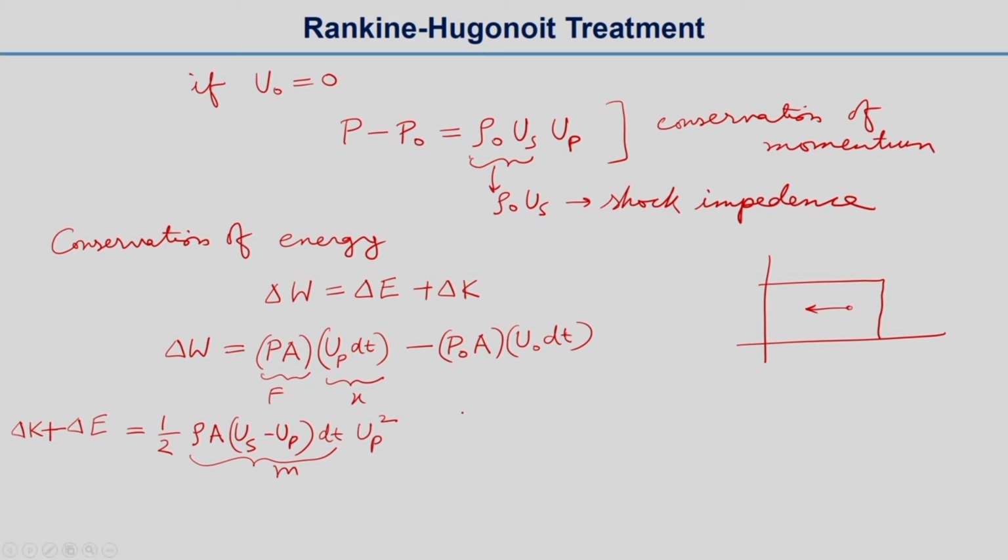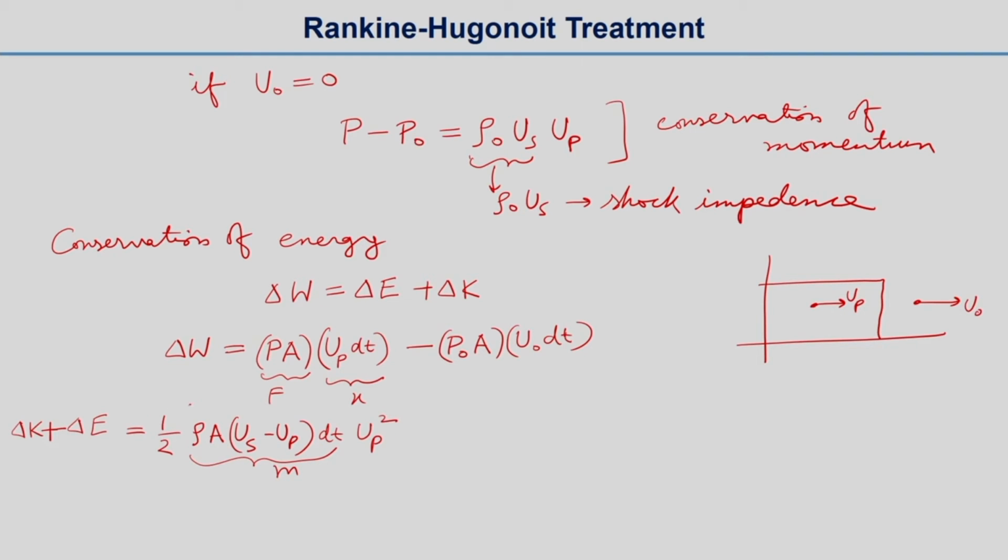Sorry, what we wrote here is up should be in this direction, but the m is correct. So m is this expression, and then the velocity of the particle ahead of the shock front is u naught. So that we will see later.